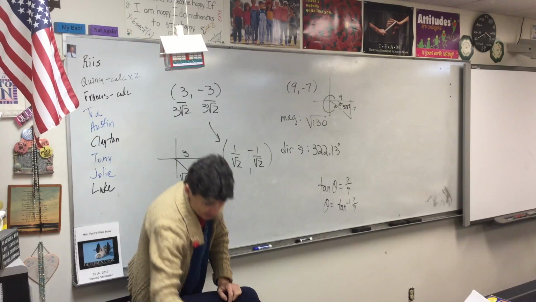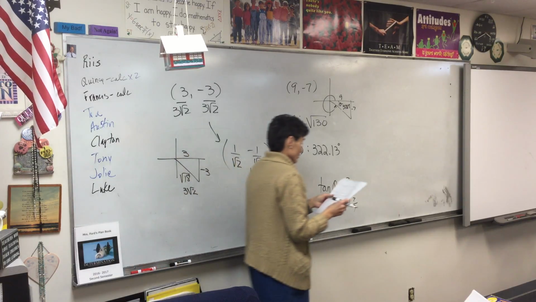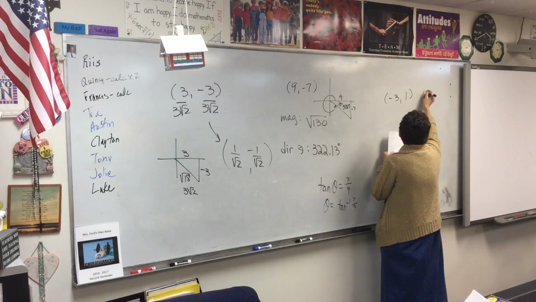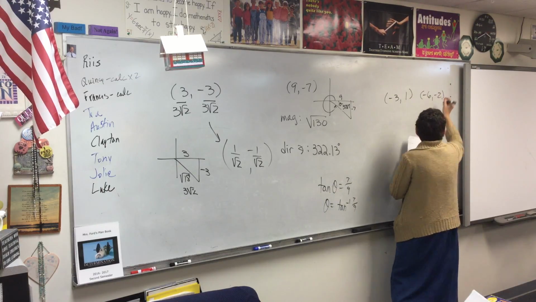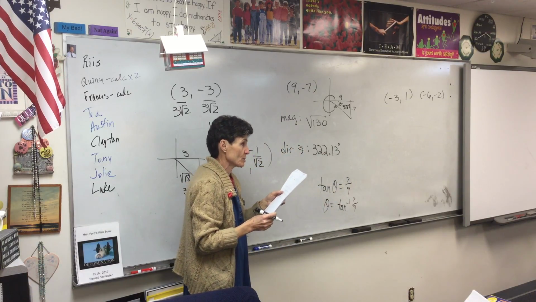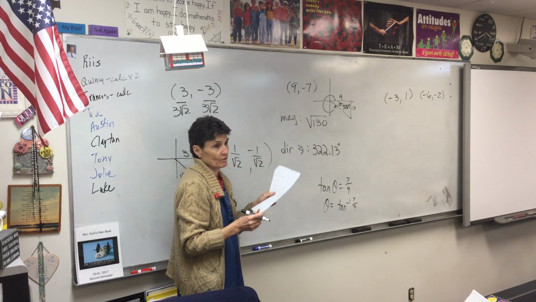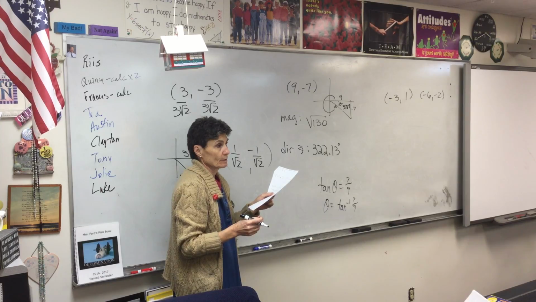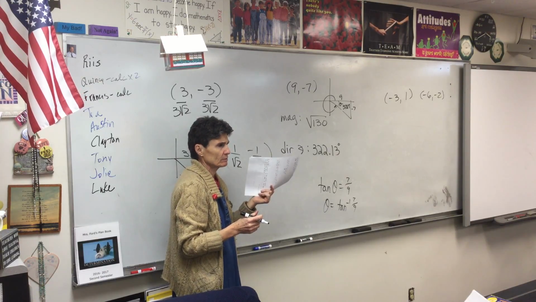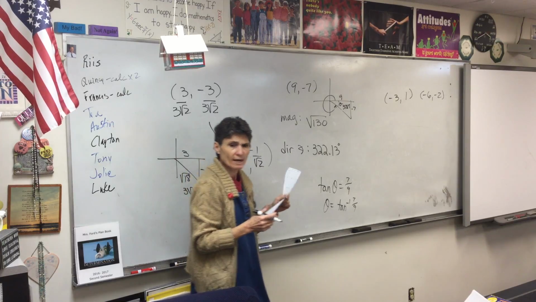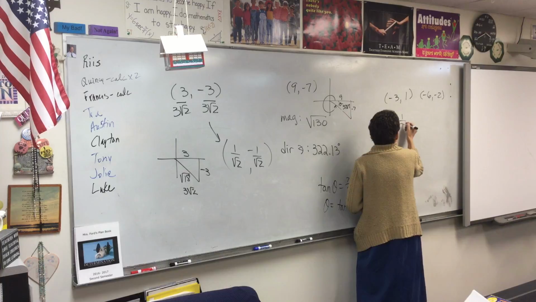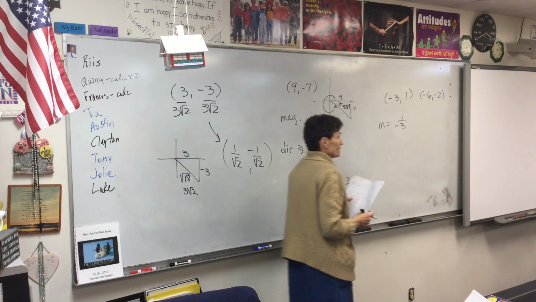All right, we're almost done. Number 11. Here are the two vectors, and we want to know if they're parallel, or orthogonal, which means perpendicular, or neither. How do we figure that out? What do we have to figure out? Their slope, rise over run. So the slope here is 1 over -3.